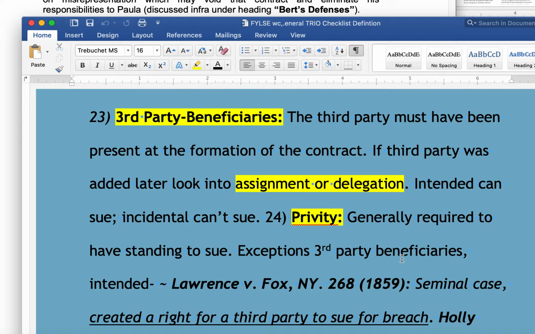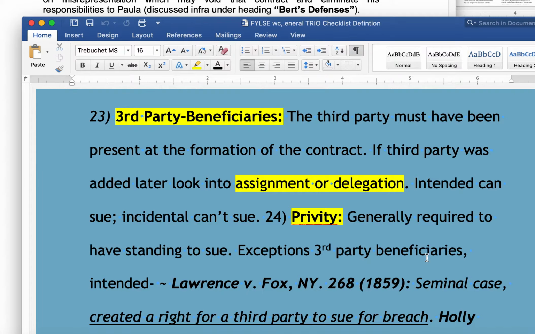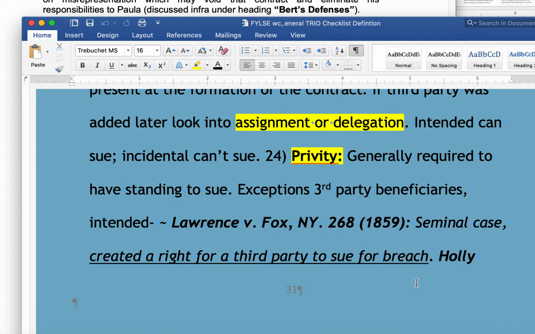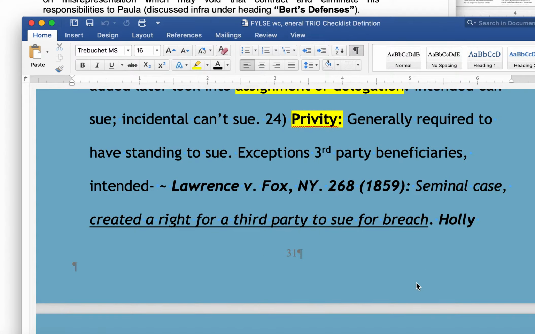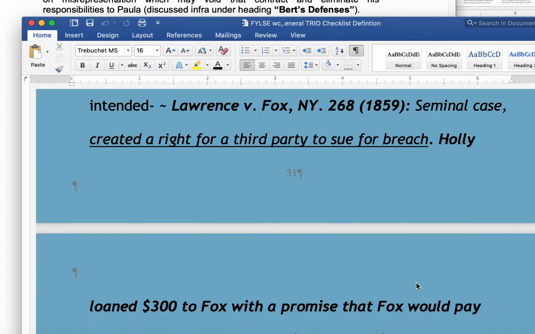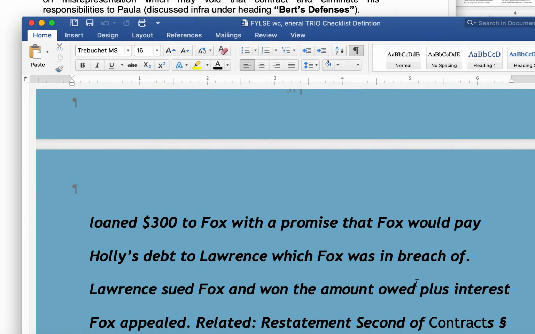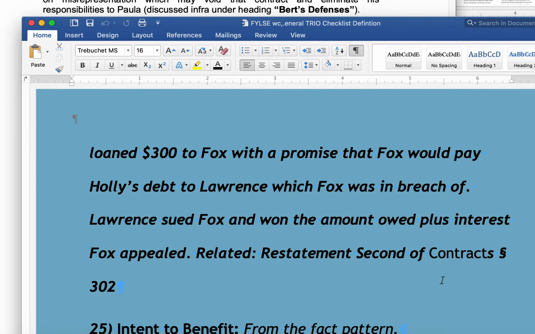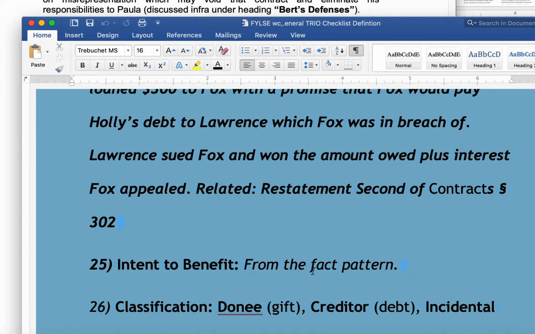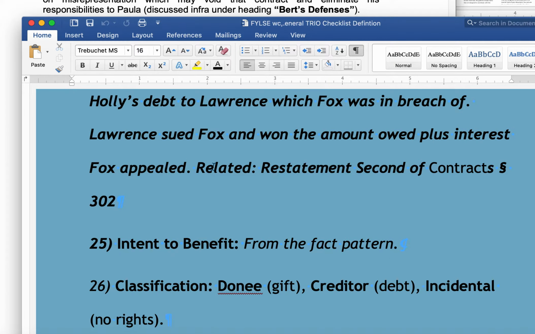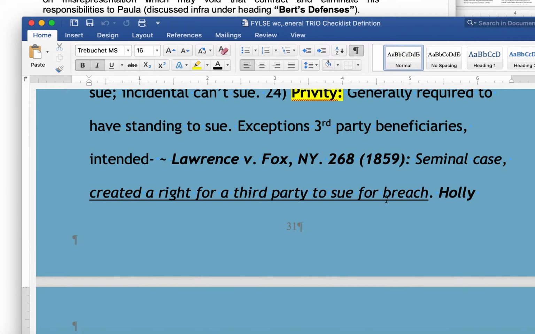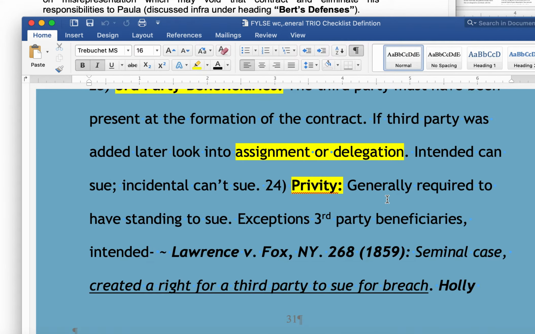But with Lawrence versus Fox in 1859, before the Civil War was over, in New York, it created a right for a third party to sue without privity. I put a brief of the case just to trigger my memory. Also, I put Restatement Second of Contracts 302 because I looked up the rule of law just to double check.